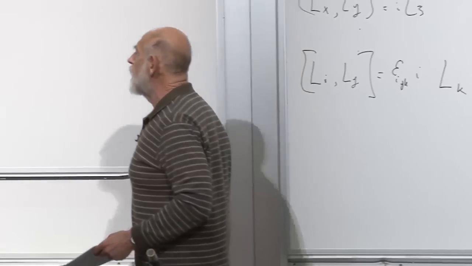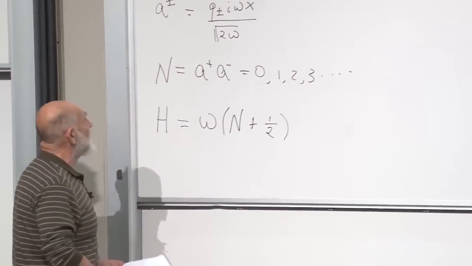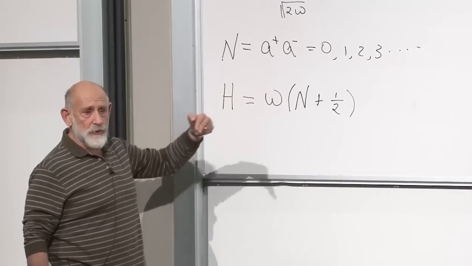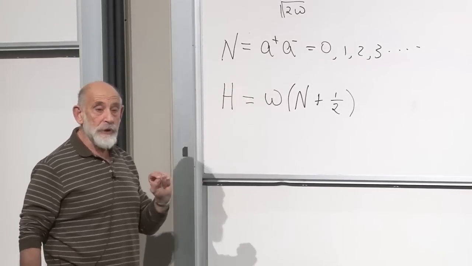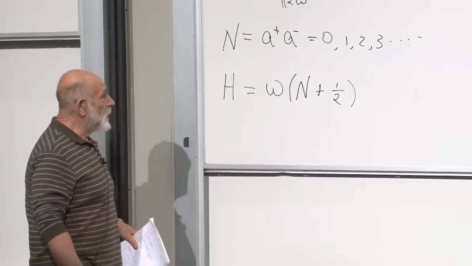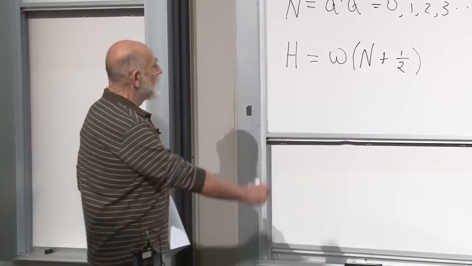Yeah, there's one other important point. The equation that went into showing that the a pluses and a minuses were raising and lowering operators was the commutation relations of the a plus and a minus. Dirac's rule: whenever you see two things, commute them.